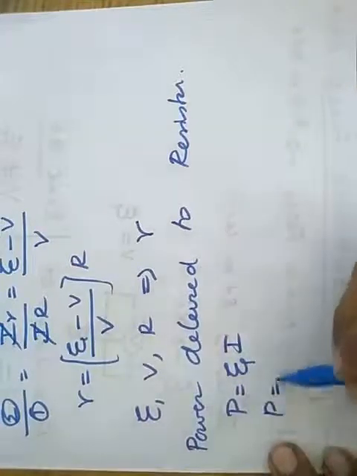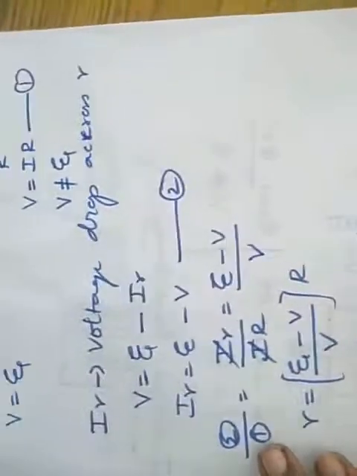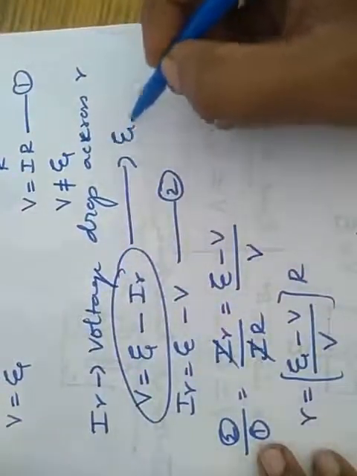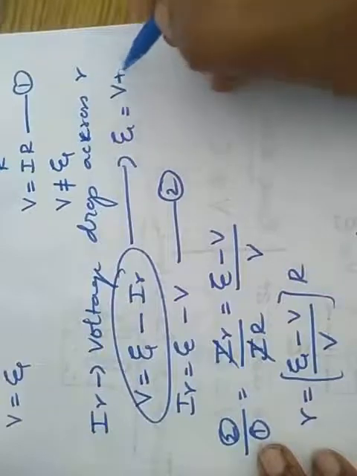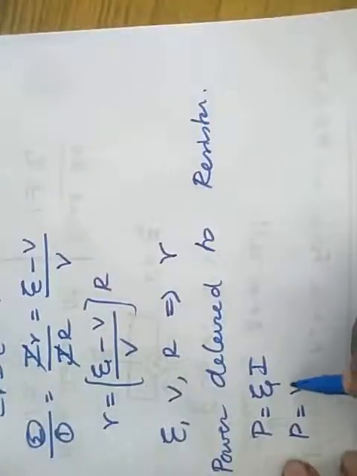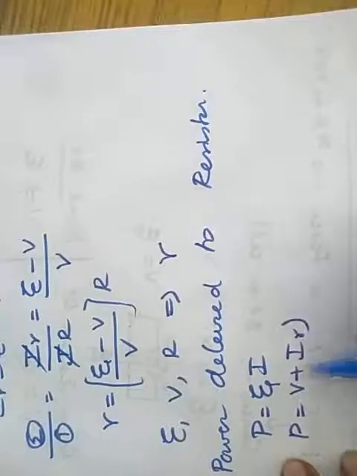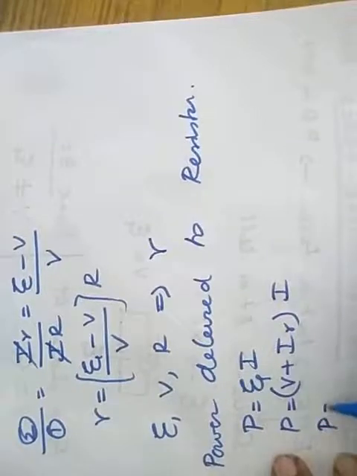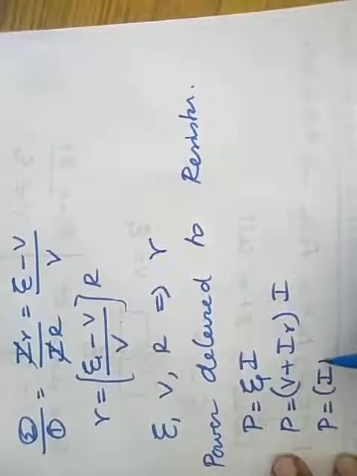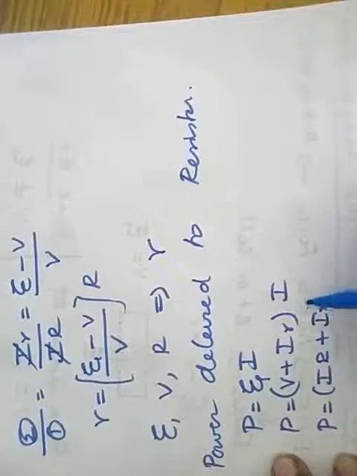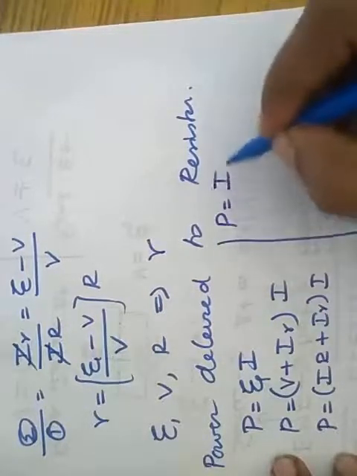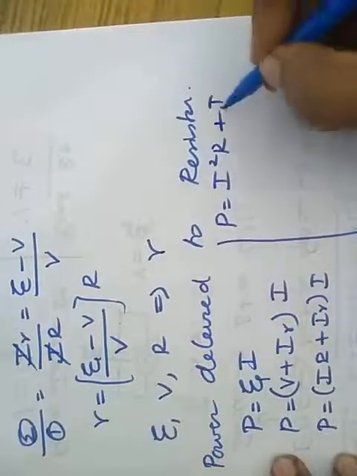We know EMF can be written, rearranging the expression, as psi equals V plus Ir. Then P equals (V plus Ir) into I. According to Ohm's law, V equals IR. Then P equals (IR plus Ir) into I. Then power P equals I squared R plus I squared r.